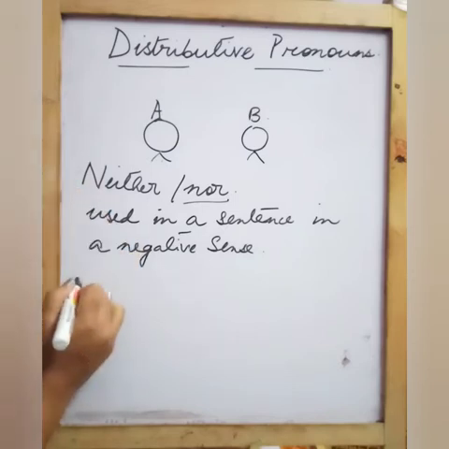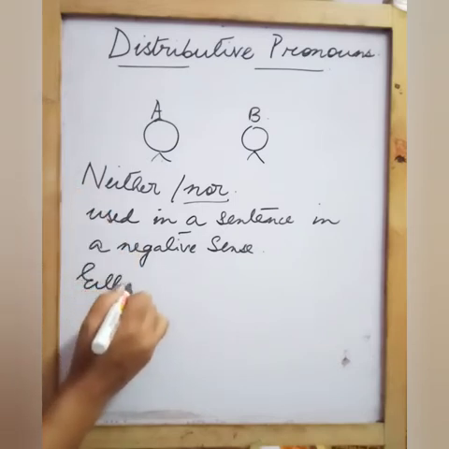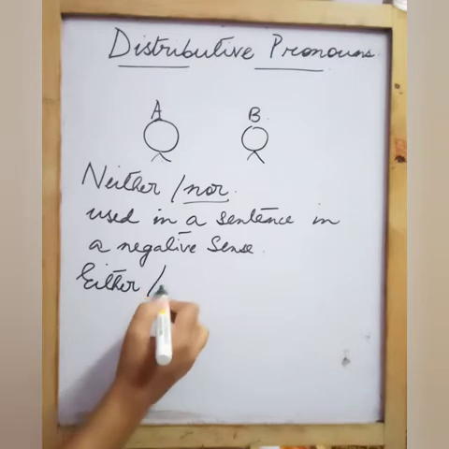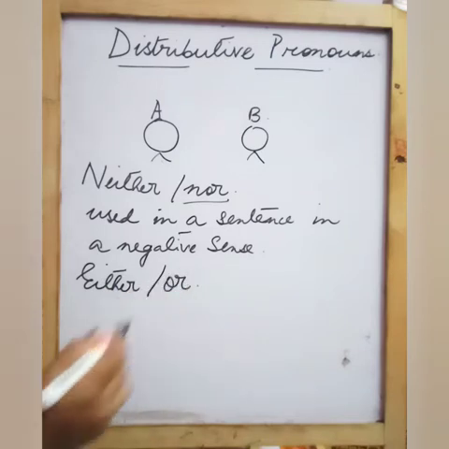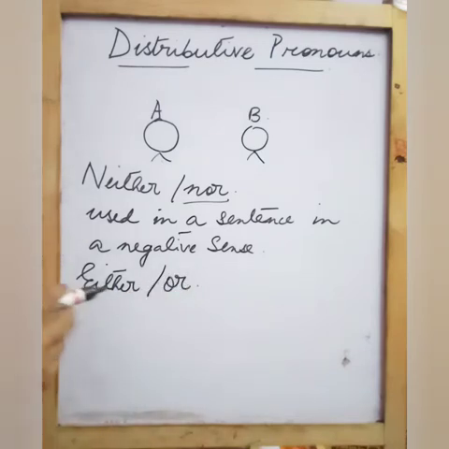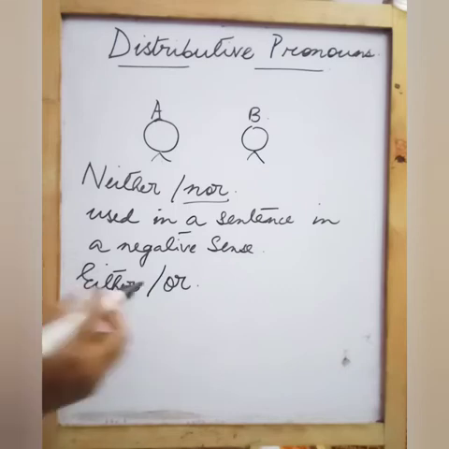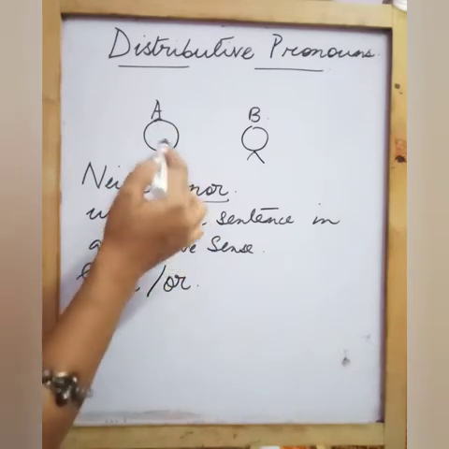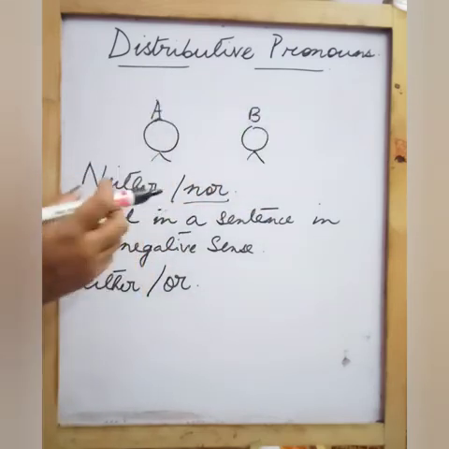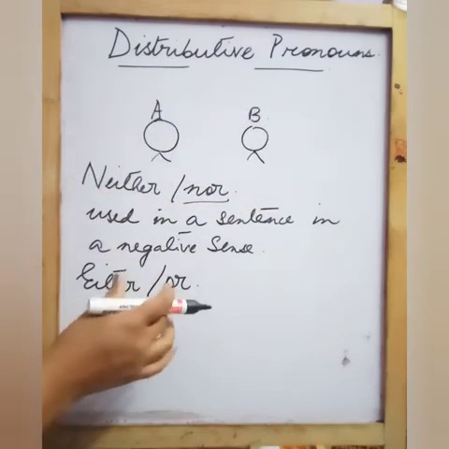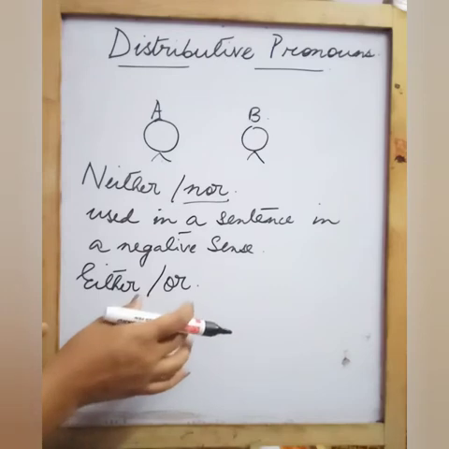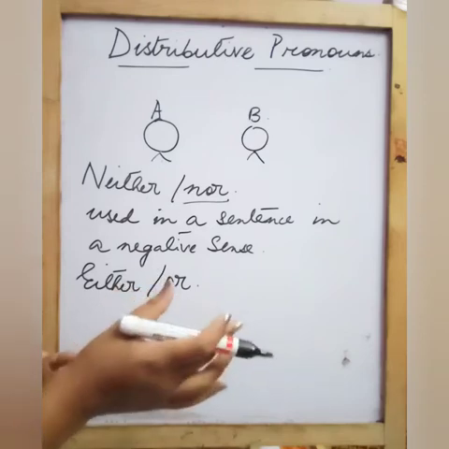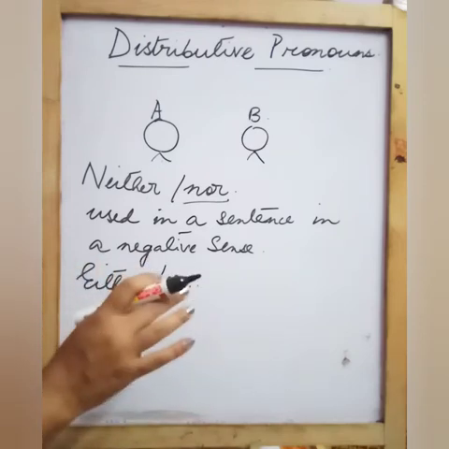Similarly, when we say either, E-I-T-H-E-R, either, we use or. So in this case also, what will happen? Either is used in the positive sense, or it is affirmative. Okay, either is used with or. So when we say either, we can say you take either this or that. Say for example, you can either go to the movies or you can go to the school function. Either this or that, means it is positive.